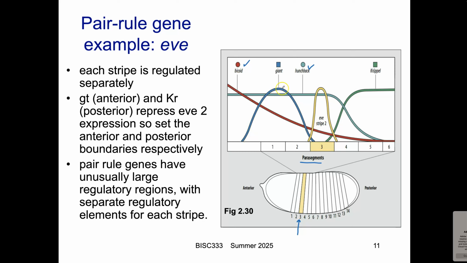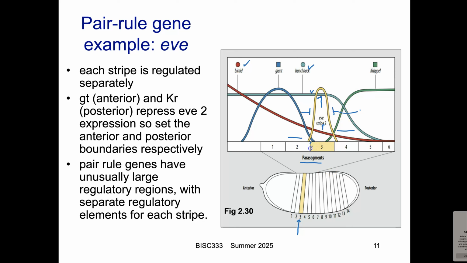But then if you think about giant, for example, as a repressor, it's going to prevent expression here. And if you think of Krüppel as a repressor, it's going to prevent expression here. So between the presence of the activating proteins and the repressing proteins, these guys repress, these guys activate. It's only in place here.